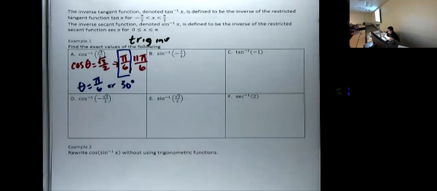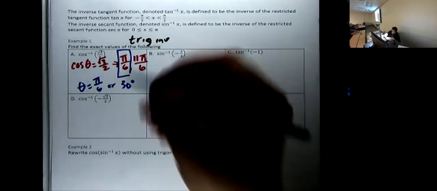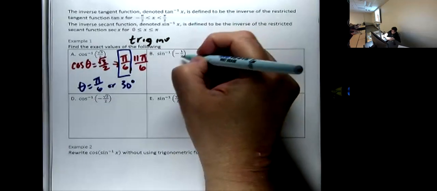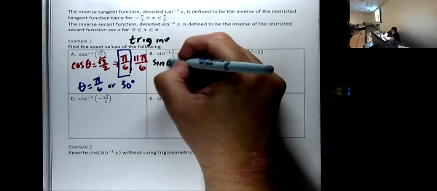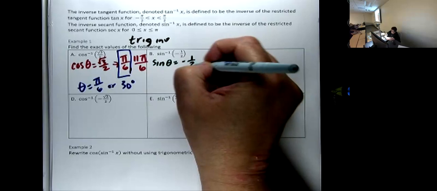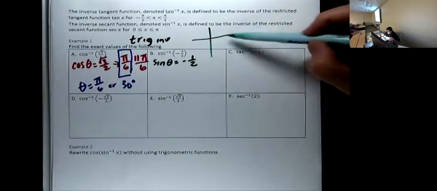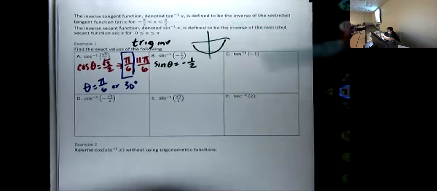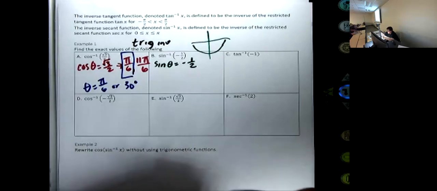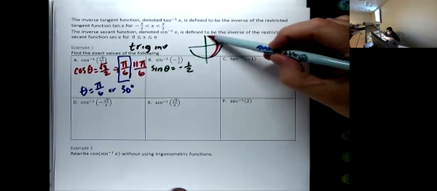So we take a look at the next one. This one is saying, where does sine theta equal negative 1/2? Sine is negative in this region. And the one where the angle works, our degrees are restricted to these degrees for the inverse.